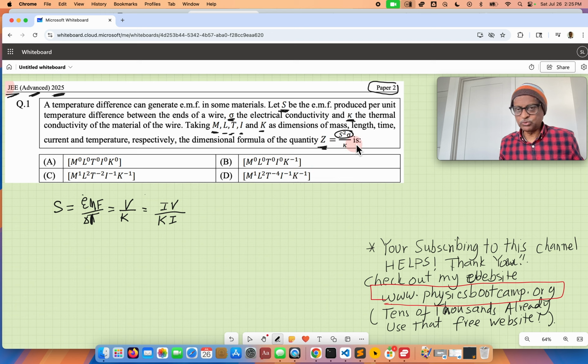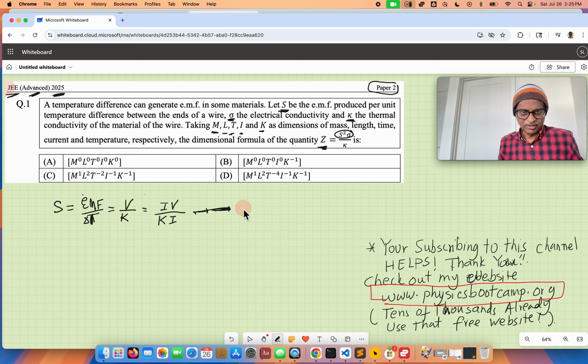There's one way to do it: get all the way to the basic units for S, then for sigma, then for kappa, all the way to the basic units. But I'm not going to do it that way.